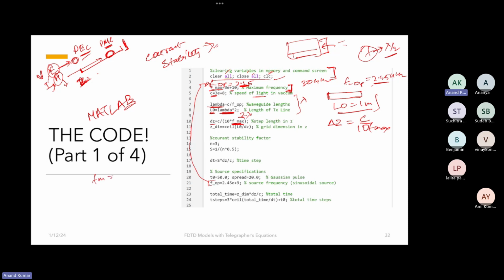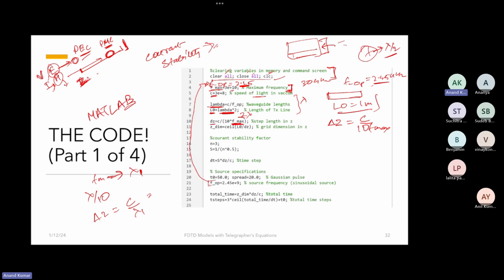For Fmax, we will have a corresponding lambda, and we had discussed that we usually keep discretization as lambda by 10, and for that, delta z is calculated as c by a particular lambda 1, and if you calculate, this will come as 10 Fmax.